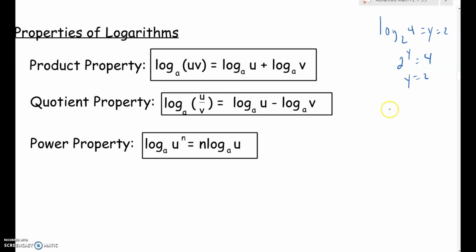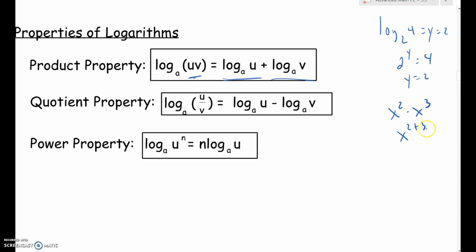Well, what do you do when you have x squared times x cubed? What do you do with the powers? Well, you add them. So 2 plus 3, right? Well, notice when we have a logarithm, the product property, when we are multiplying things, we can break it apart as addition of those two things.